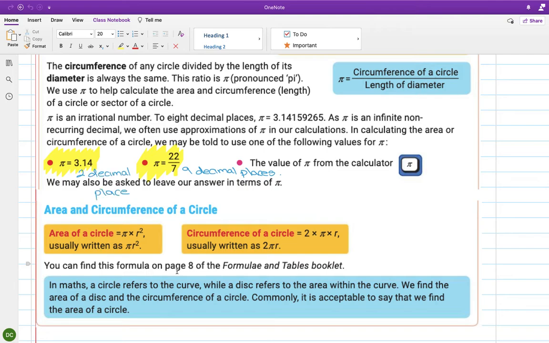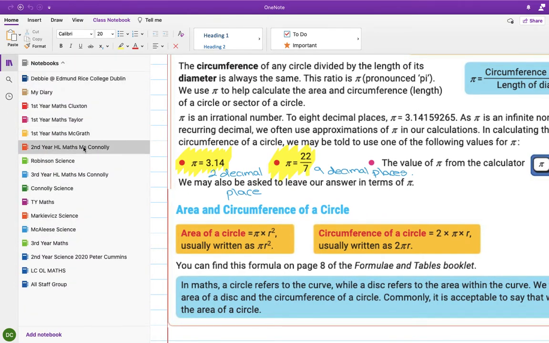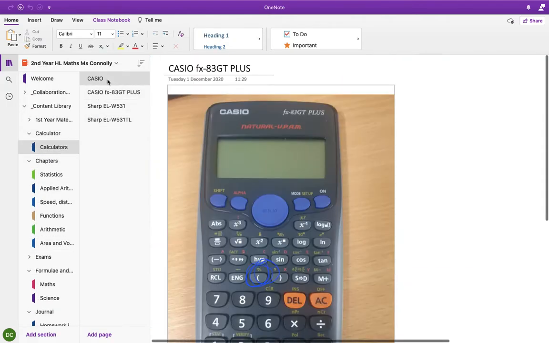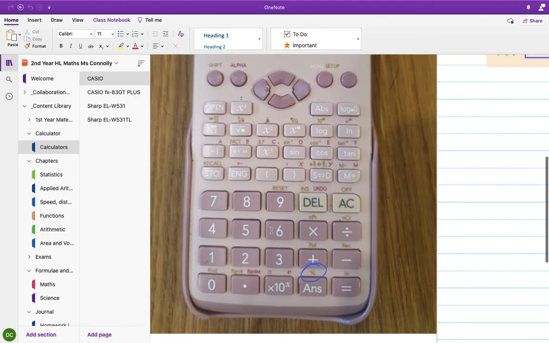And then the pi button on your calculator, let me show you. So see it there, down here? It's above the times 10 to the x, and it's in yellow, so you'd have to shift and press this button to get pi, okay?